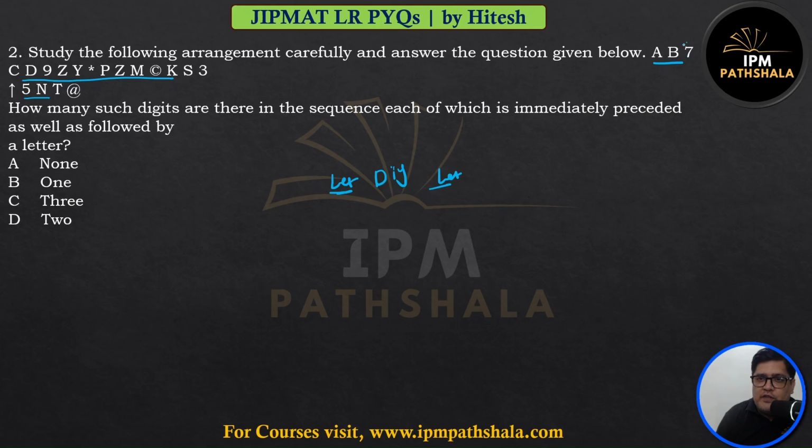So you go to digits first. There is a letter, there is a letter. So one case. Go to a digit. There is a letter, there is a letter. This is a digit. We have a letter in front, but at the end we don't have a letter. There's a digit. We have a symbol, not a letter. So there are two such cases.